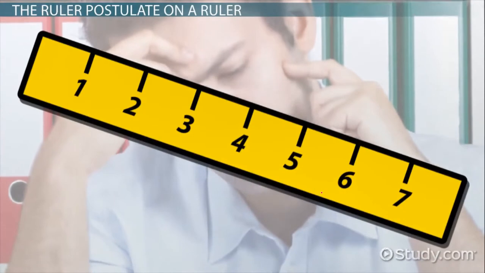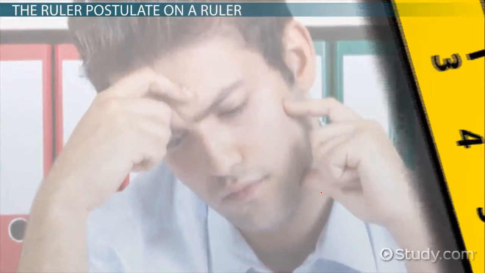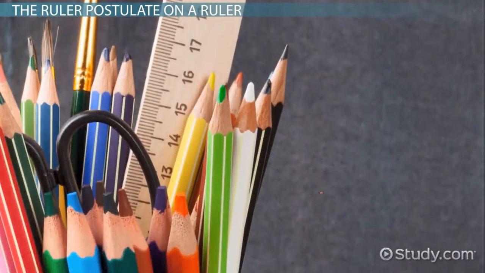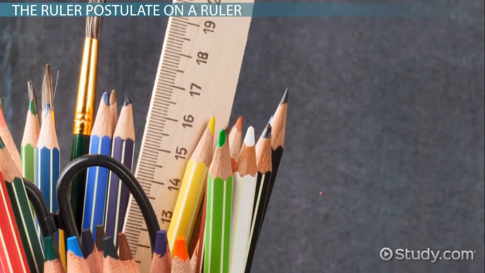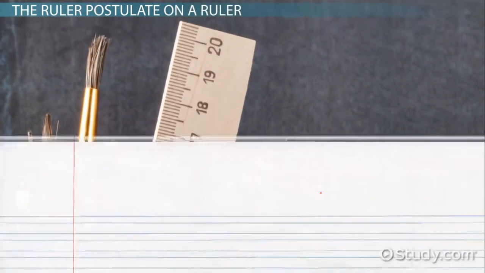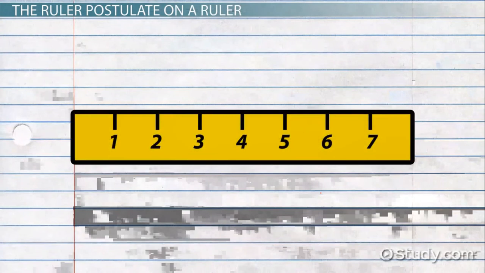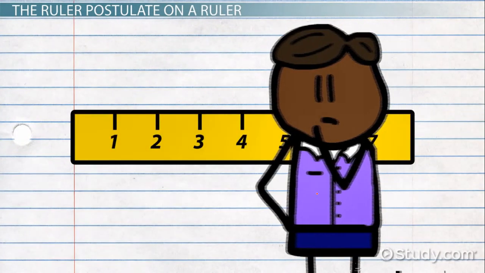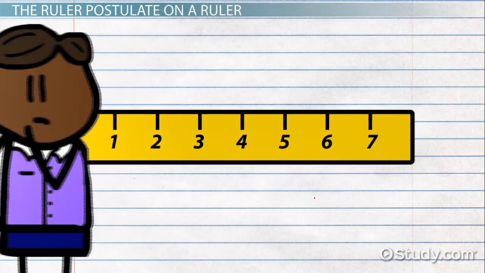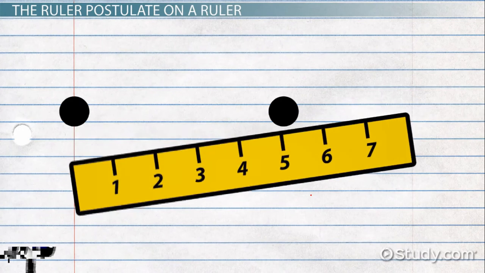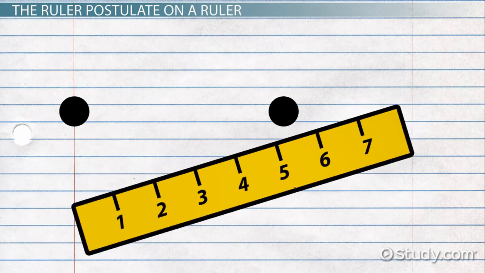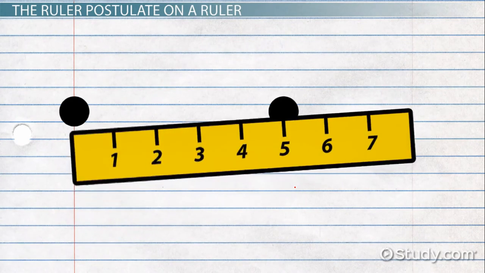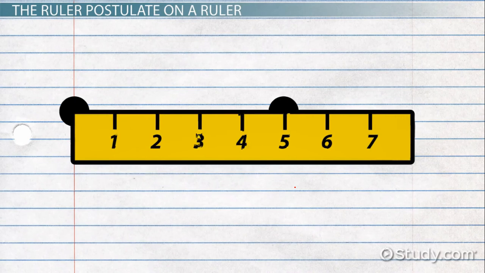Believe it or not, the ruler postulate actually has to do with using a ruler. The ruler postulate doesn't care whether you're using a ruler with inches or centimeters, or some other measuring system you want to create. When you use the ruler postulate on a ruler, you are not using the ruler in the normal way that you usually measure between 2 points. Usually, we line up the 0 with one point and then see where the other point falls on the ruler.